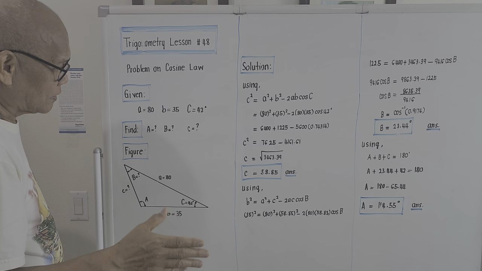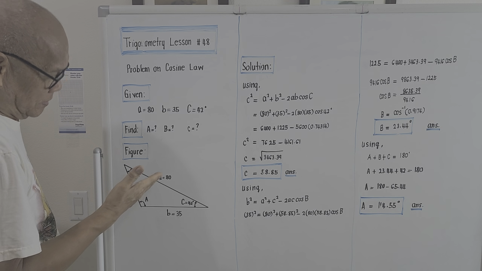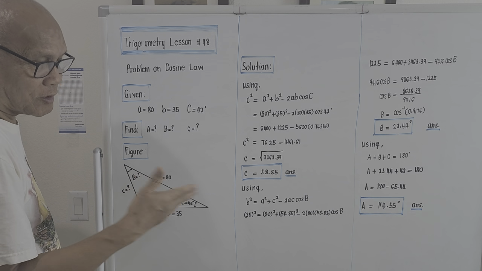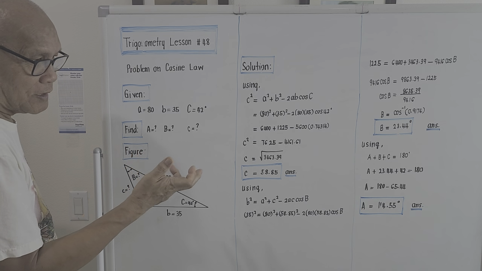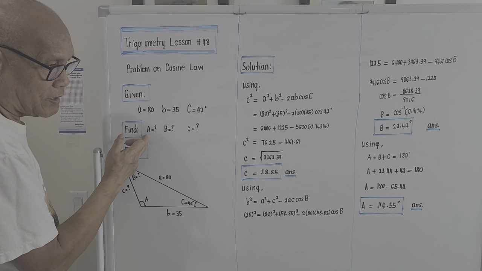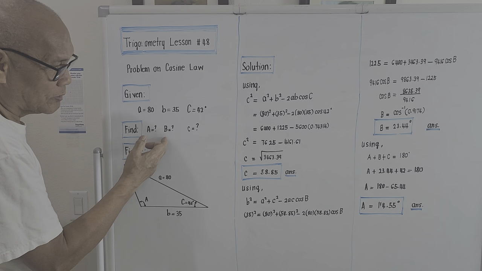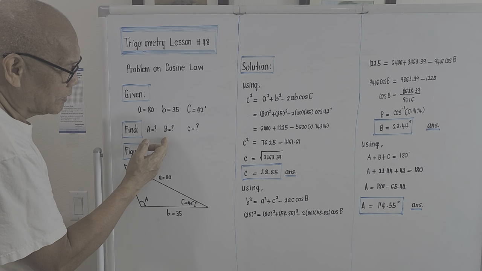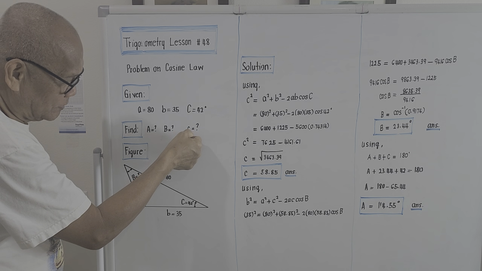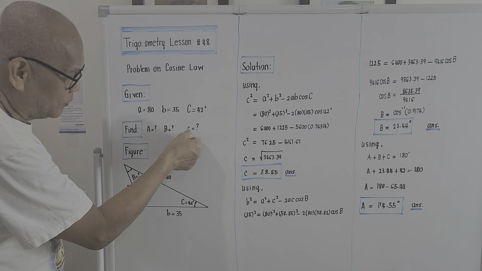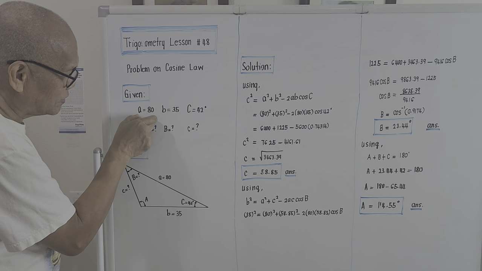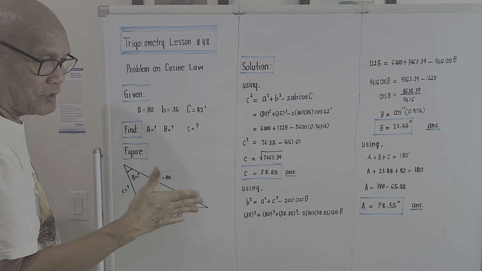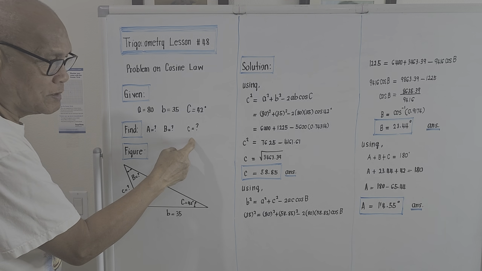The problem is asking for the other angles, capital letter A and capital letter B, and side C. Because we are given two sides, A and B, the missing side is side C.